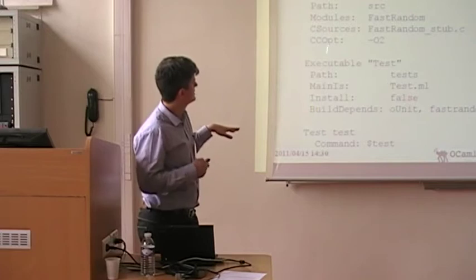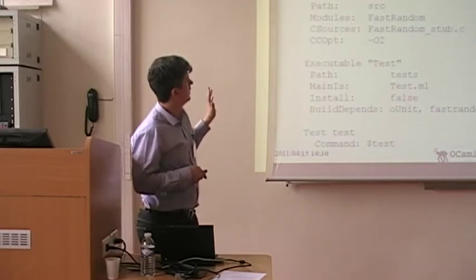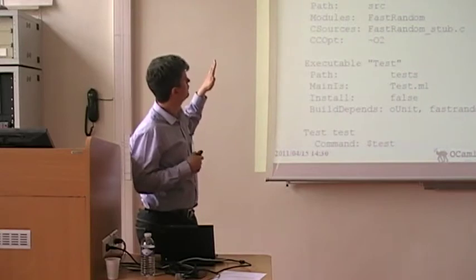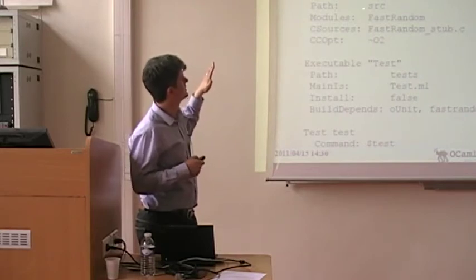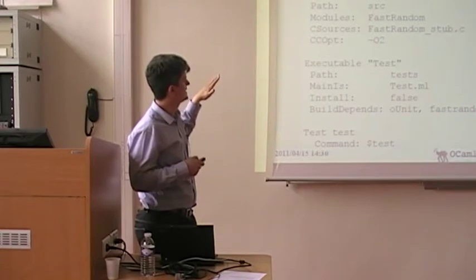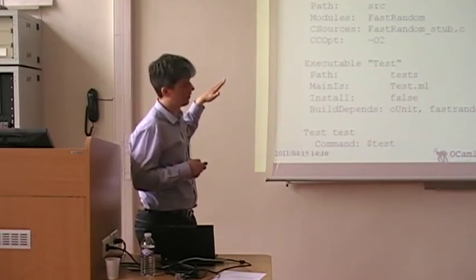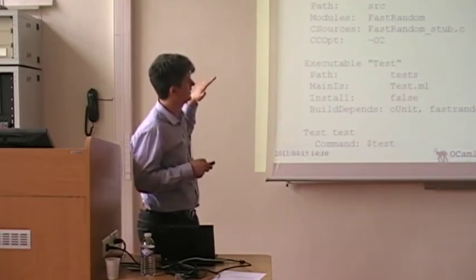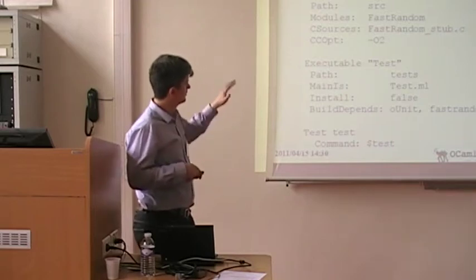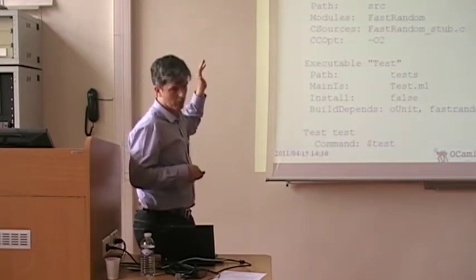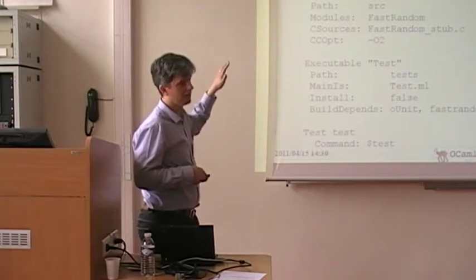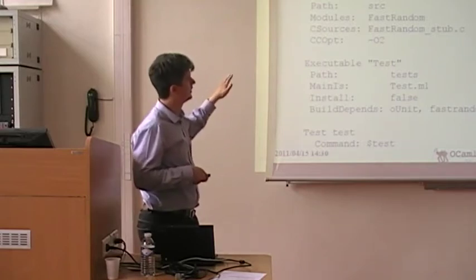So this project is a real project. The main difference with the real _oasis file is that the description is longer in the real file; I just cut it here. But it's quite readable. It's readable by a machine, and it's readable by a human.